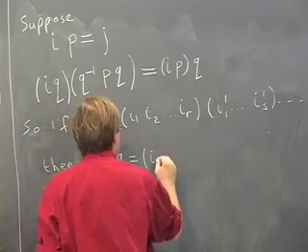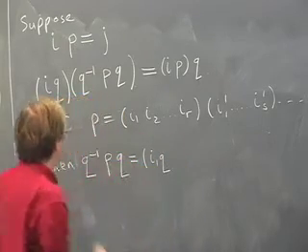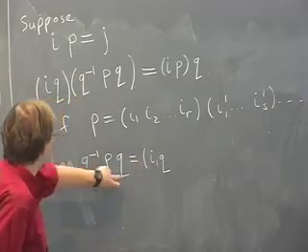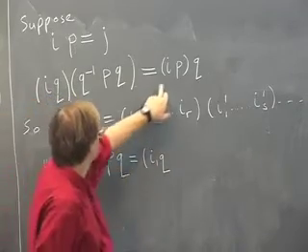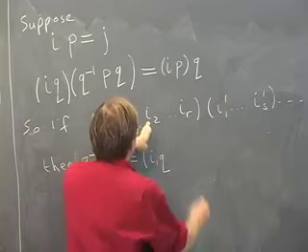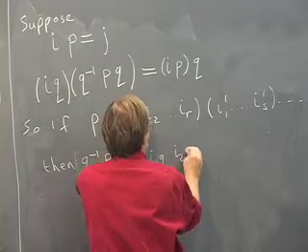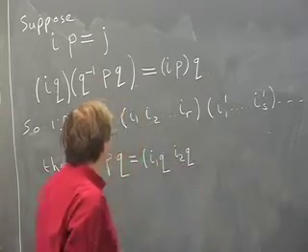So let's start the first cycle with I1Q. Where's I1Q going to be sent by this? It's going to be sent to I1P, which is just I2, acted on by Q. Where's I2Q going to be sent to?